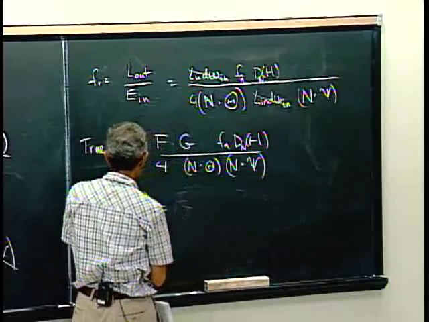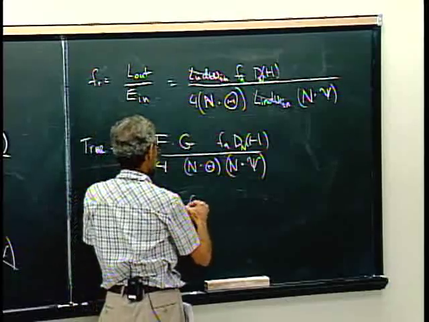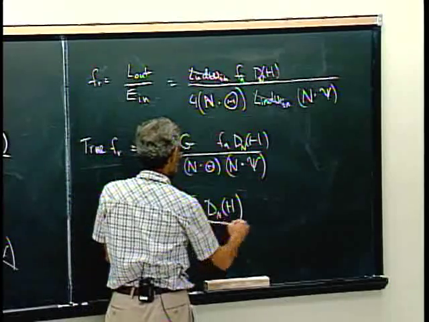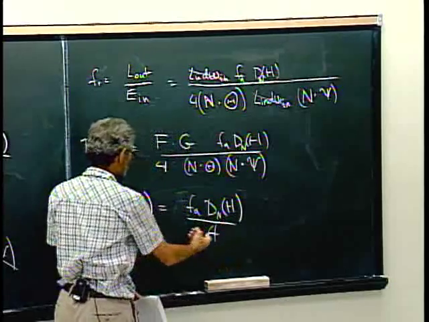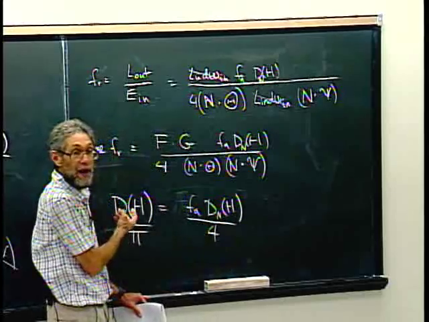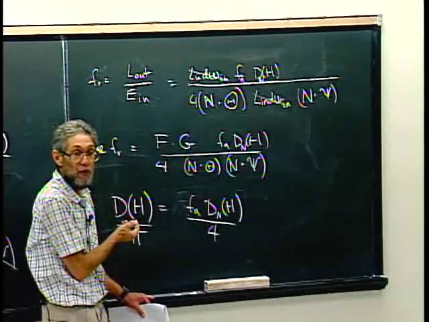It's pi. His DH over pi is supposed to be this FA dNH, the number density, divided by 4. So if pi were equal to 4, then it would be the area density. But since pi isn't 4, it's a little bit different by the ratio of pi to 4.